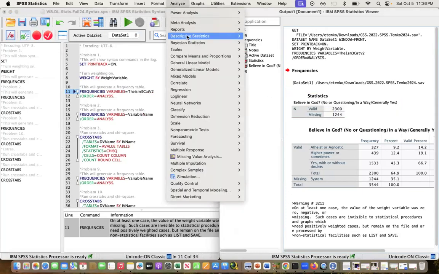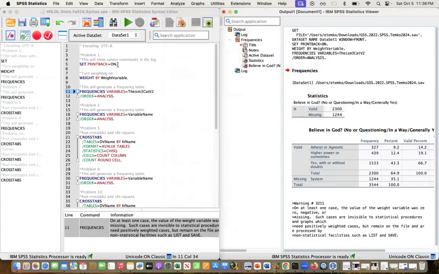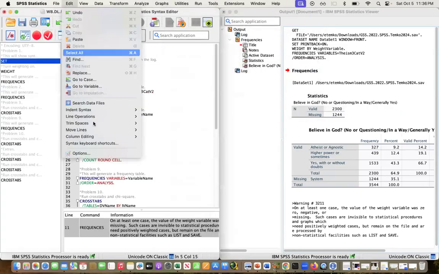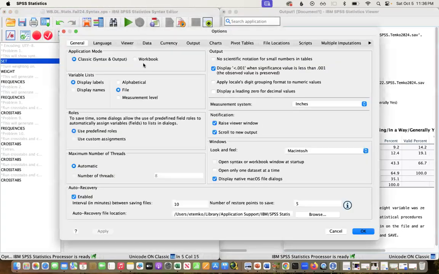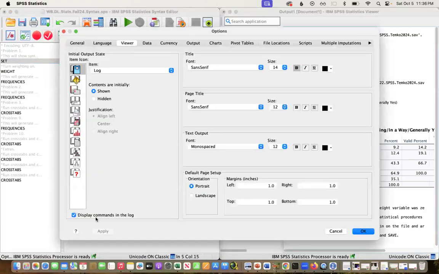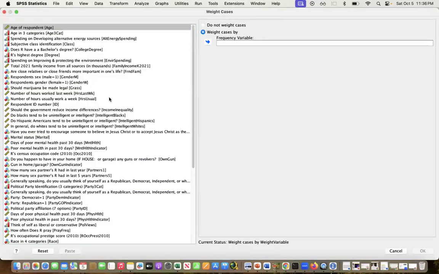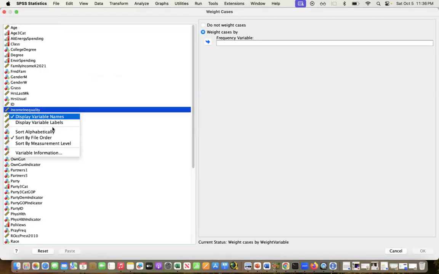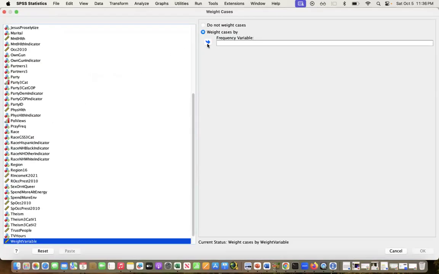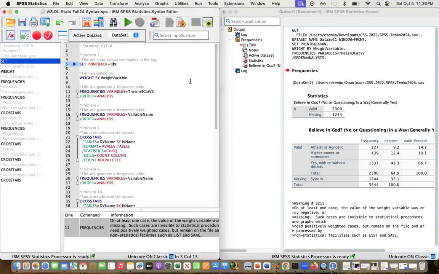Again, I could go analyze, descriptives, going back to the print back on, edit, options, viewer, making sure this is checked and clicking OK. Then data, weight cases by, find my weight variable, put it in here and click OK.